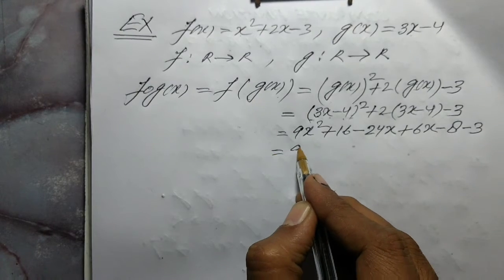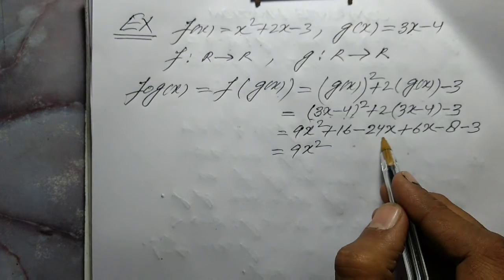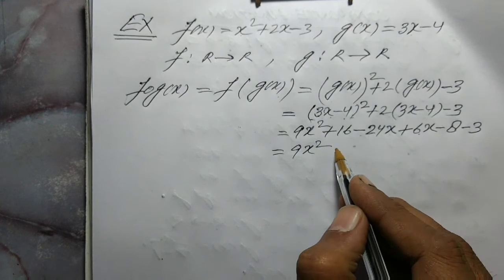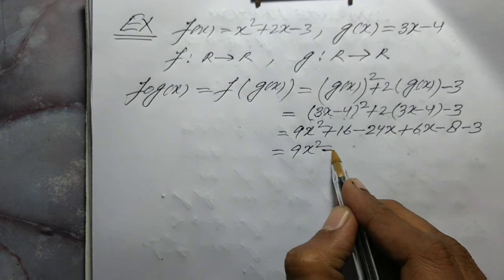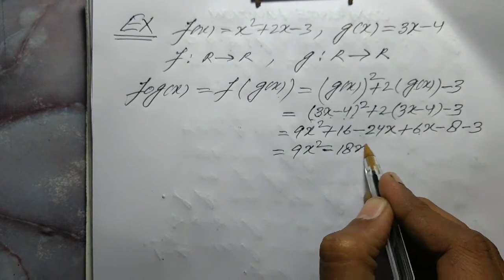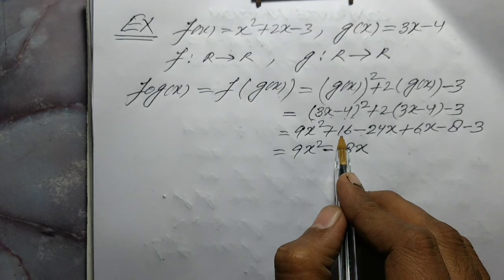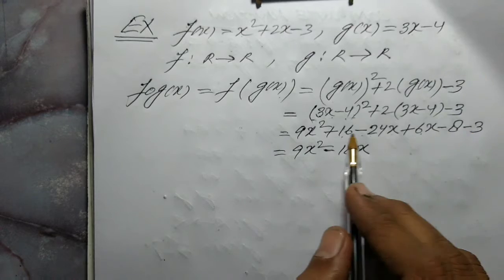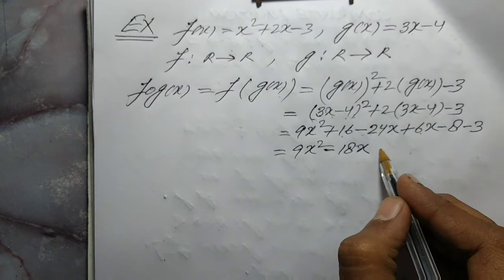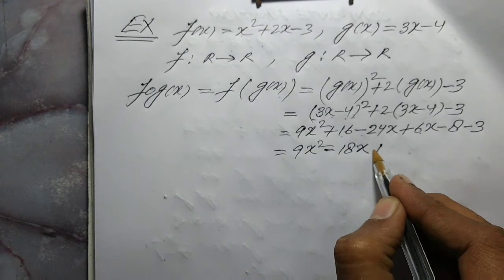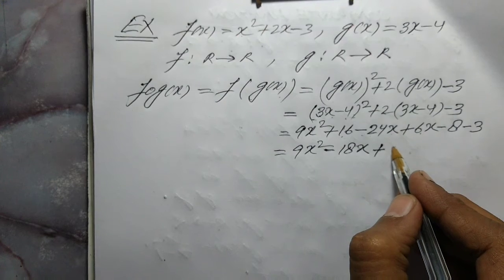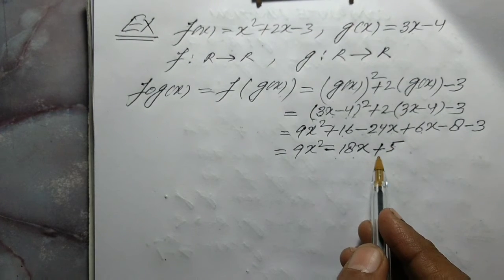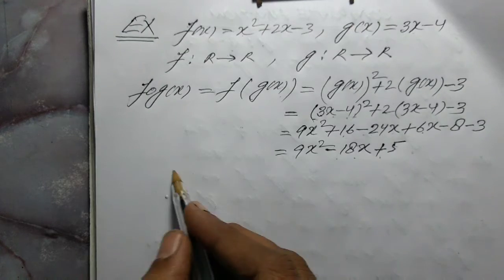So we get 9x square, and let us write the terms of x now. Minus 24x plus 6x, so minus 18x, and 16 minus 8 minus 3, that is plus 5. So 9x square minus 18x plus 5 is fog(x).